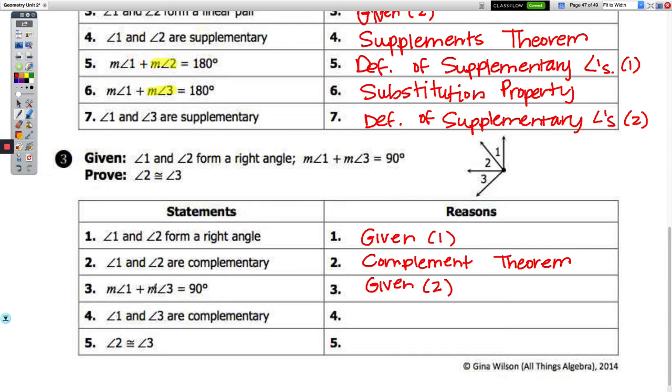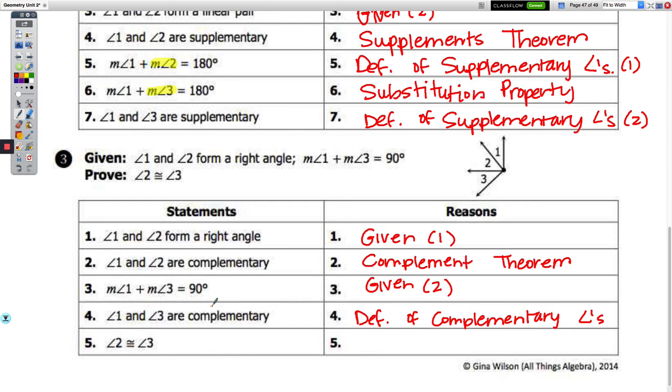And if the measure of angle 1 plus the measure of angle 3 equals 90 degrees, what tells me that angle 1 and angle 3 are complementary? That's the definition of complementary angles. See, it states that they equal 90 degrees, right?